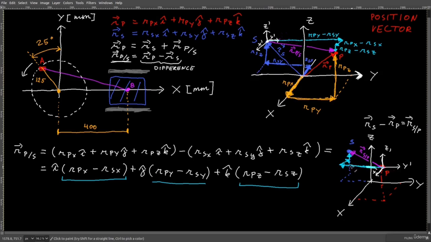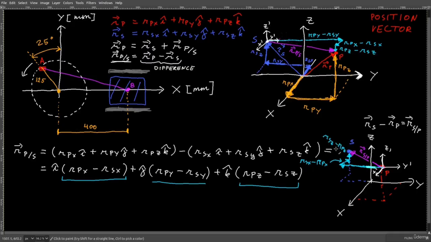Note that all these three components have the opposite directions to what you had here. So if here you had r_px minus r_sx, then here you would have r_sx minus r_px. It would be this one here. Then here you have r_pz minus r_sz.